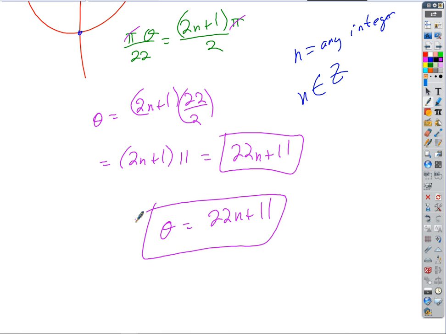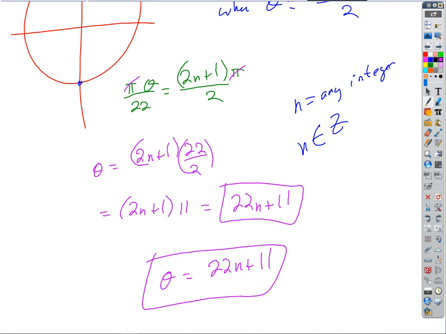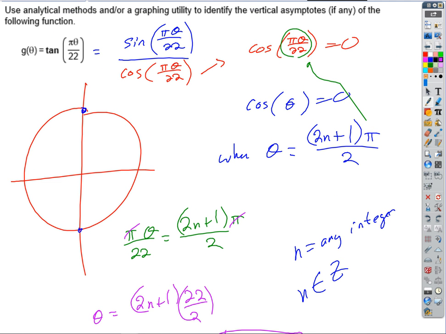Okay. We could check it. If I plug one in to my original function, 22n plus 11, what are we going to get? Well, just look at the bottom. Pi times 22n plus 11, would we get that? Yes. So if I plug that in for theta, I get cosine of pi times 22n plus 11, all divided by 22.